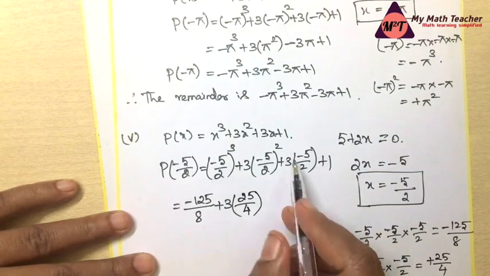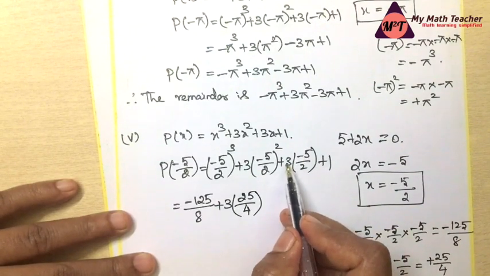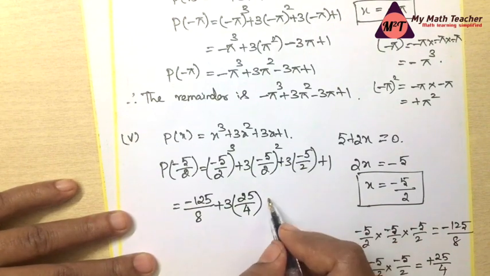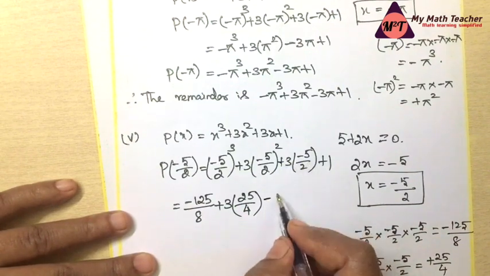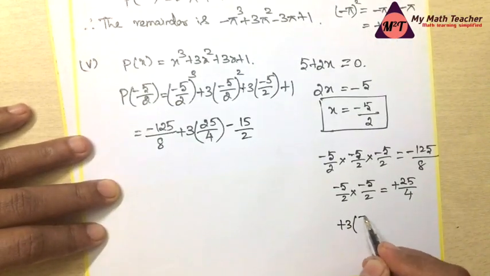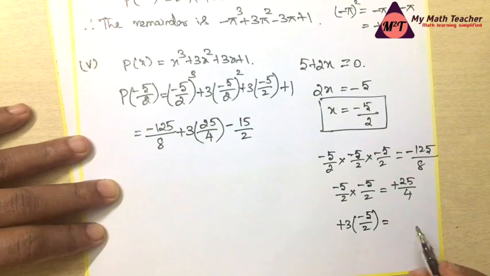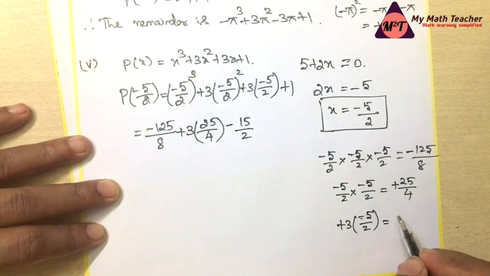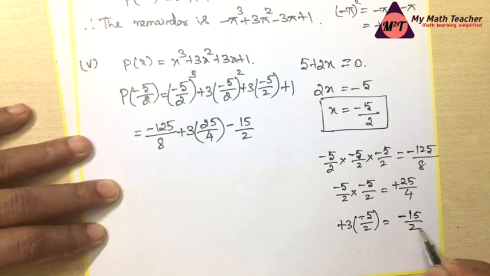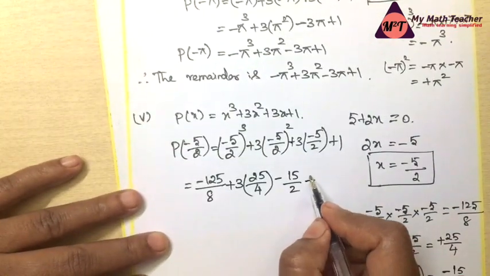Now here we have only simply 3 with the minus 5 by 2. So multiply, plus into minus, minus. 3 into 5 is 15 by 2, like this. Plus 3 into minus 5 by 2. Multiply, plus into minus is minus. 3 into 5 is 15 divided by 2. The last one is plus 1.